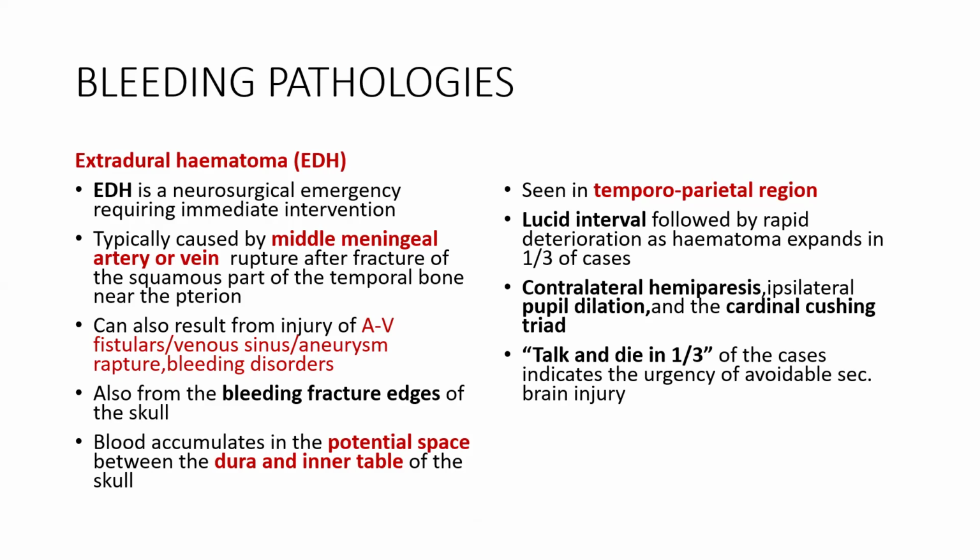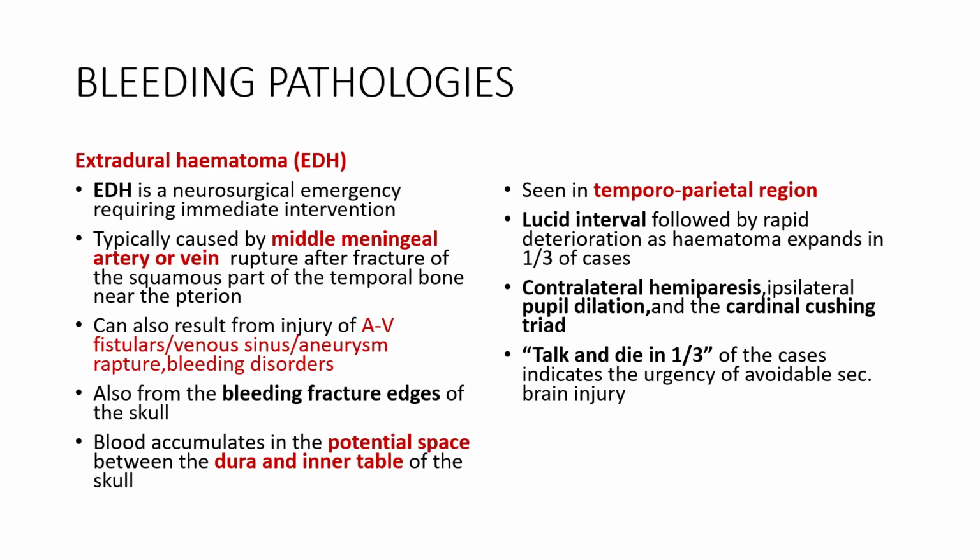So you have ipsilateral pupil dilatation. The reason why you have contralateral hemiparesis is because this mass effect is affecting the white matter components, those descending and ascending tracts, and that is why you are having the hemiparesis or paralysis on the opposite side.